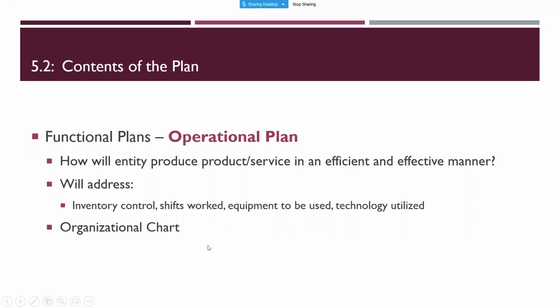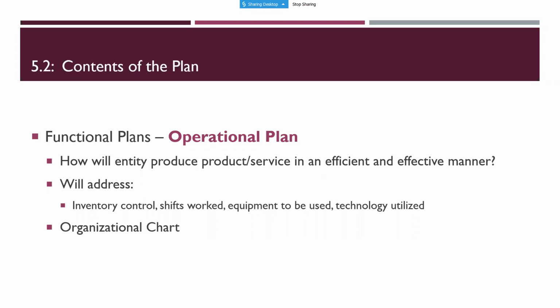So what the operational plan discusses, conveys to the reader, is how this company is going to produce its product or offer its service in both an effective and an efficient manner. So if you're looking at a product, you might discuss such items as how we're going to control our inventory, what kind of shifts are going to be worked by our employees, what kind of equipment are we going to be utilizing, and technology as well.